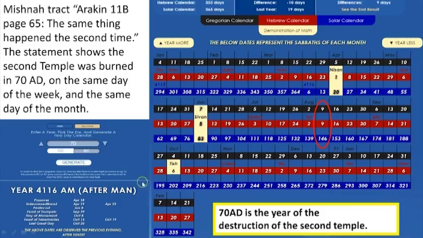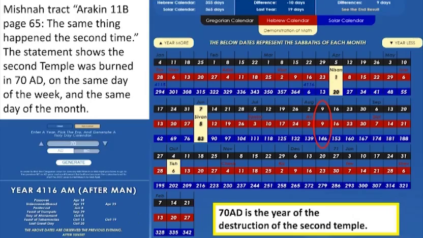And here is what the Mishnah says. The Mishnah tract, Arkin 11b, page 65, states the same thing happened the second time. The statement shows the Second Temple was burned in 70 AD on the same day of the week and the same day of the month.